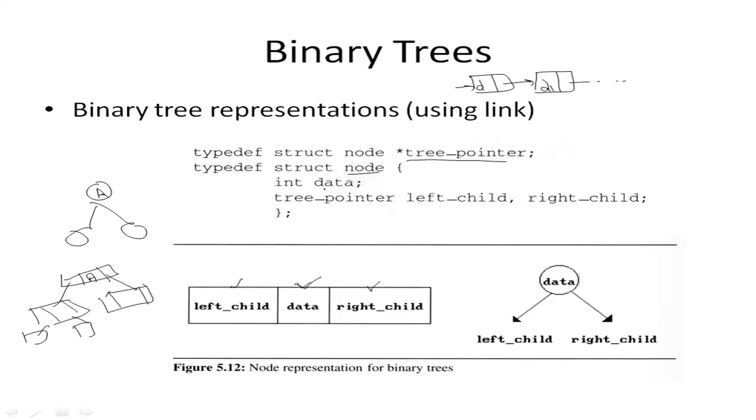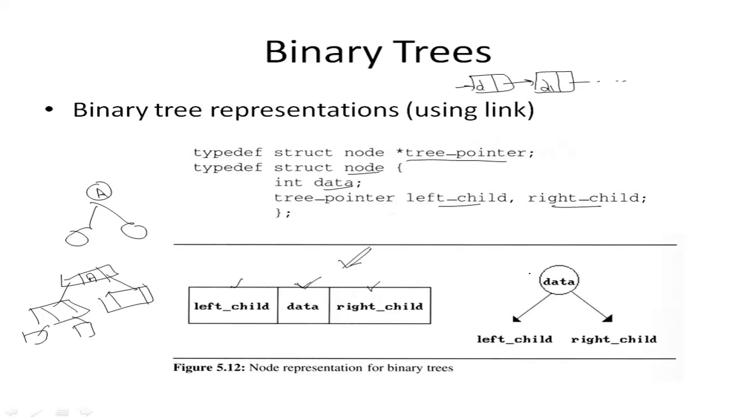In that I will have a data field, and I will declare two pointers which are pointing to the same node type, the left child and the right child. So this is how your node is going to look like. There will be a data part, a left child pointer, and a right child pointer.